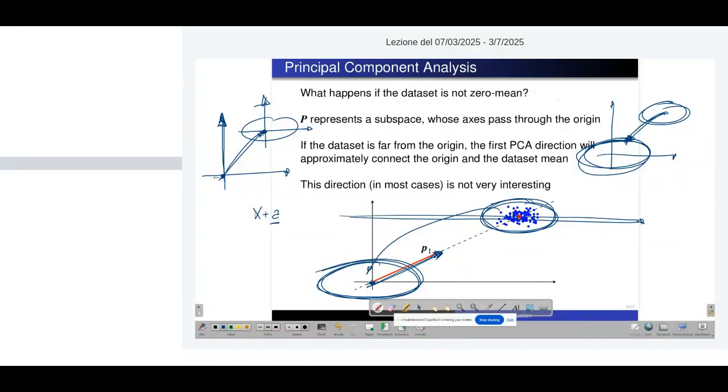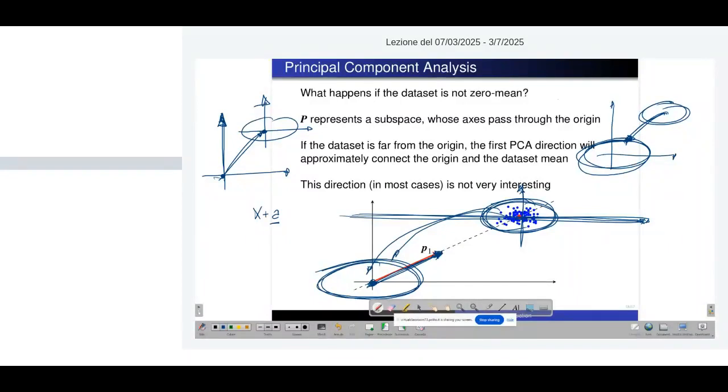In this sense, I can cast the problem of looking for a surface as casting the problem of looking for the origin of a new space, followed by looking for a direction that goes to the origin of this new space. But this can be represented as looking for a shift of the data in the original frame, plus looking for a subspace.